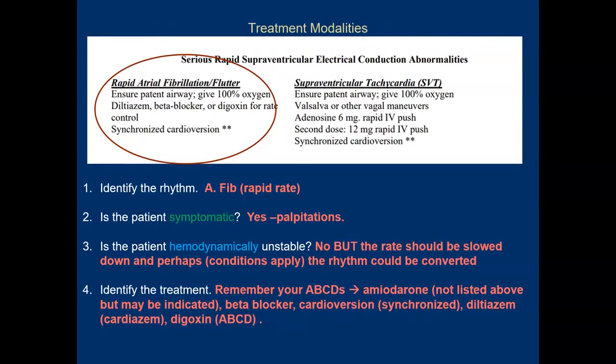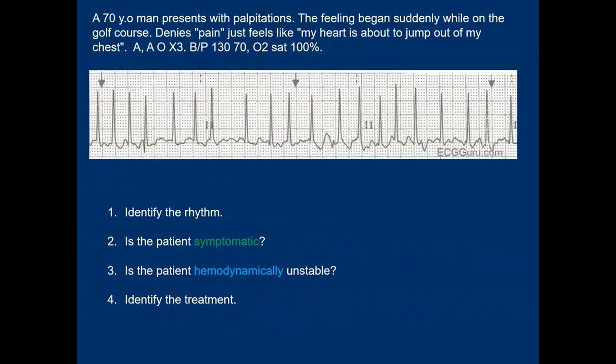Now, when we look at the rhythm, we're going to say that this rhythm is atrial fibrillation. Let's look at this because, again, I'll move to the next slide as we move down the line of questions. But I want you to recognize that, yes, it's AFib because in between each one of these QRS complexes or ventricular complexes, we have a lot of very squiggly little wiggly things. There's no organized electrical activity.